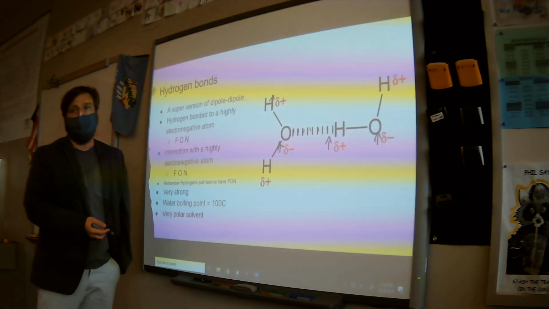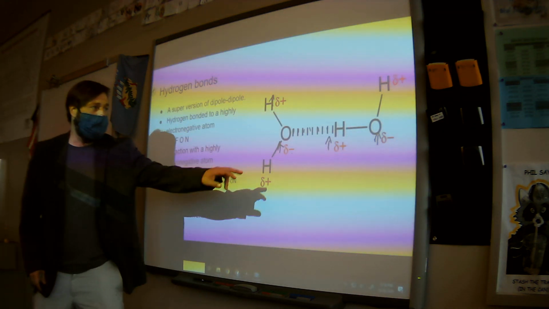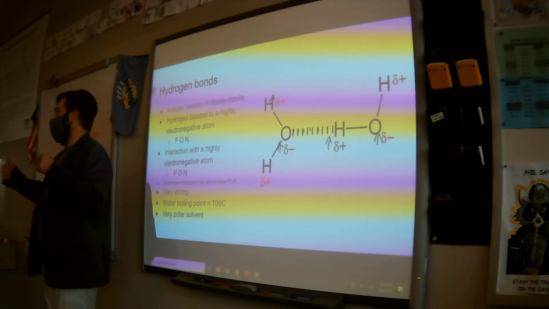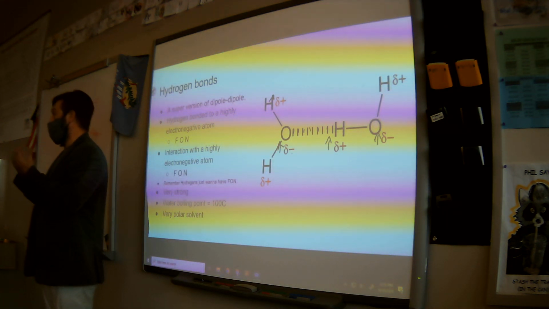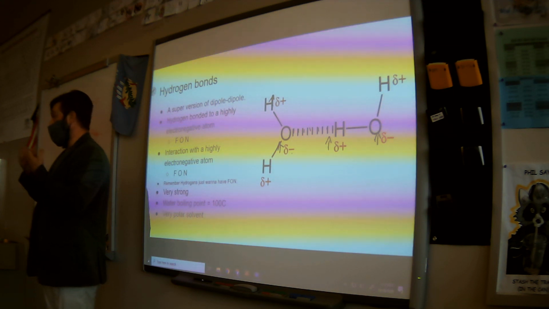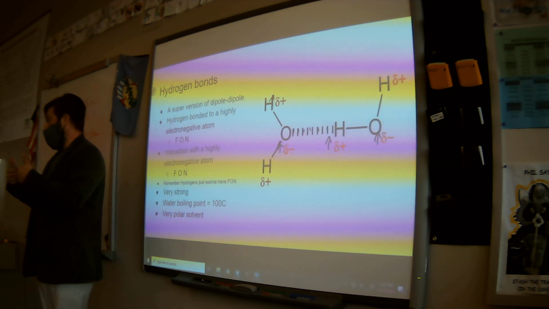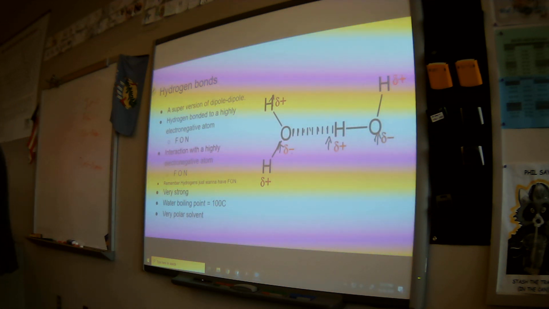Compared to a normal dipole, what's this interaction going to be like? Remember, if I increase the charge difference, it's going to be stronger, right? Same distance away, increase the magnet, stronger charge, right?